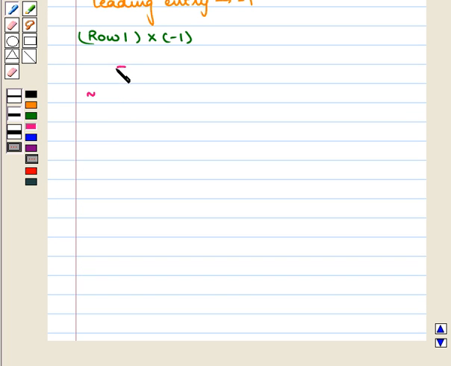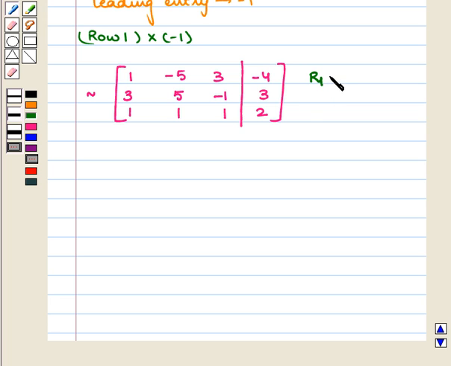So we have the matrix 1, minus 5, 3, minus 4, second row 3, 5, minus 1, 3, and the third row has elements 1, 1, 1 and 2. So here the elementary row operation that was used was R1 goes to minus 1 into R1.